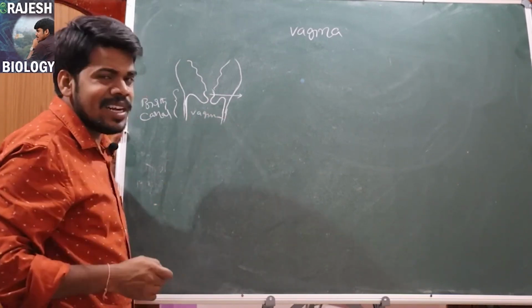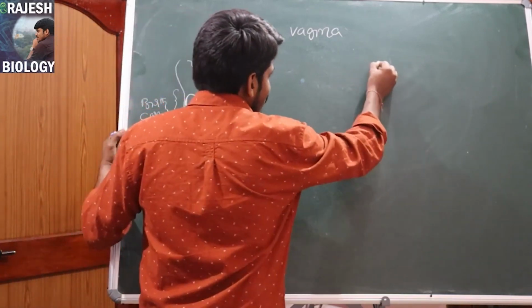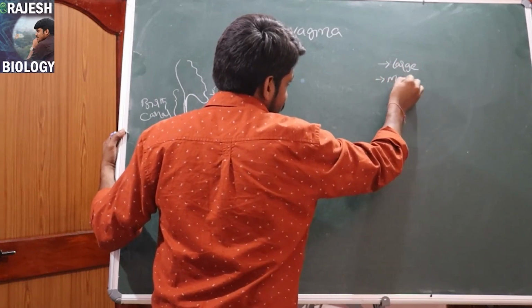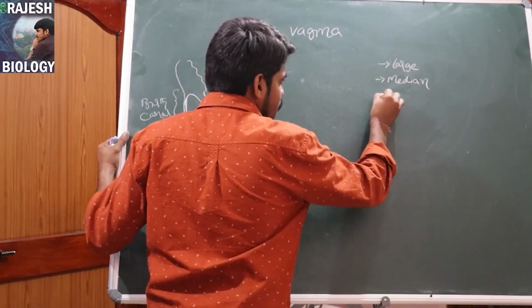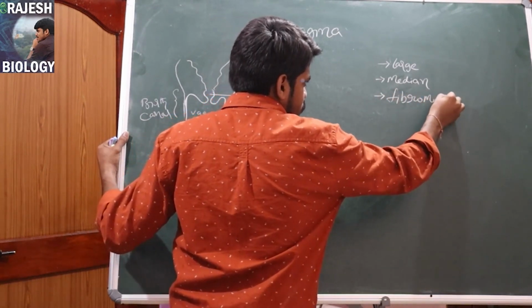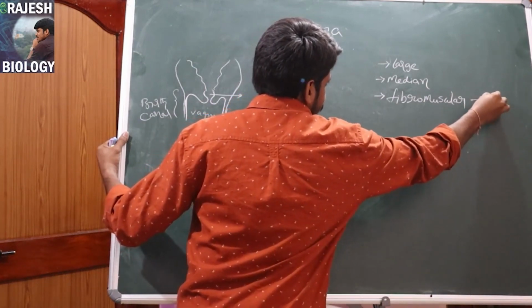Now come to the vagina, its structure and everything we will discuss now. The vagina is a large, median, fibromuscular tube.